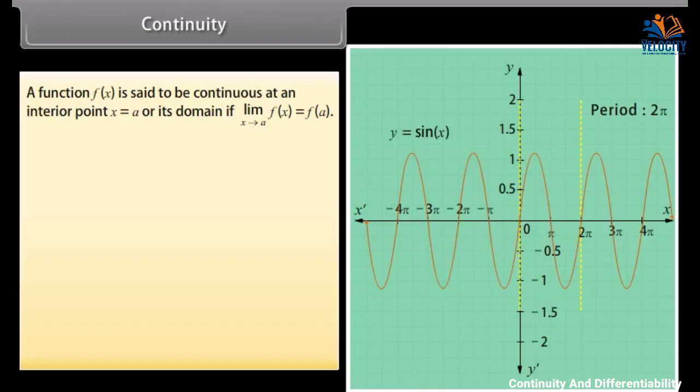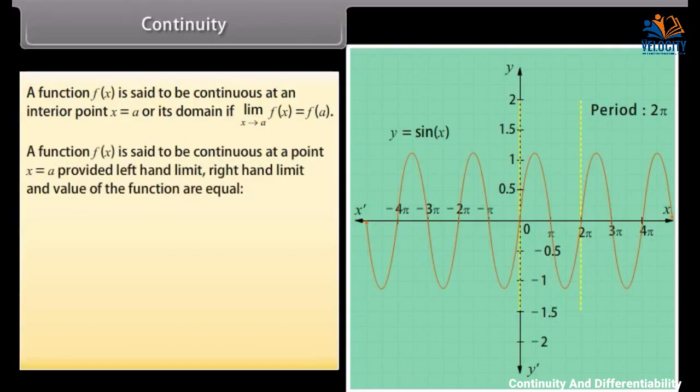In other words, a function f of x is said to be continuous at a point x equal to a, provided the left-hand limit, right-hand limit and the value of the function are equal. Limit h approaches 0 of f of a minus h is equal to limit h approaches 0 of f of a plus h is equal to f of a.